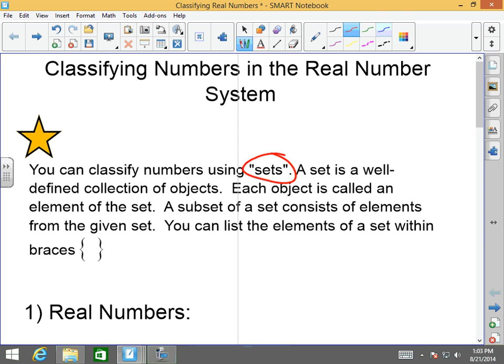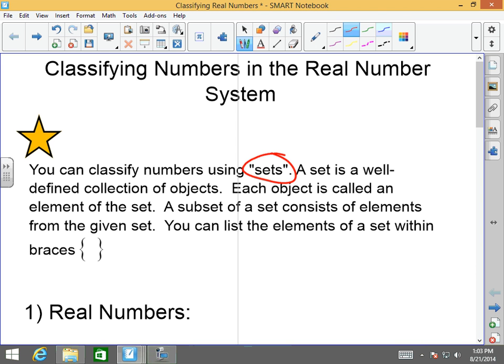That's a set of team shirts. Then you may have a set of socks. That's a set of socks. You can have in your closet maybe 5 pairs of pants. So you have a set of pants. So a set is a well-defined collection of objects.